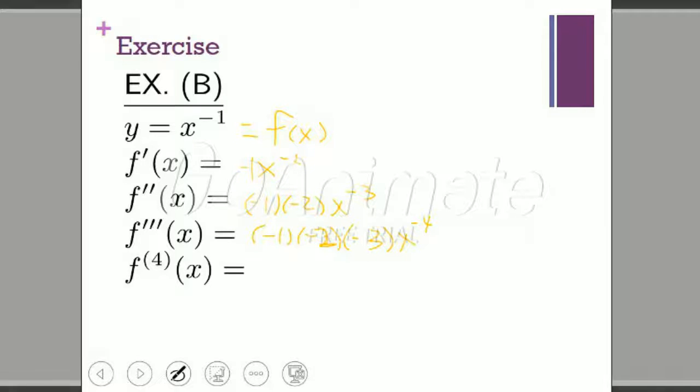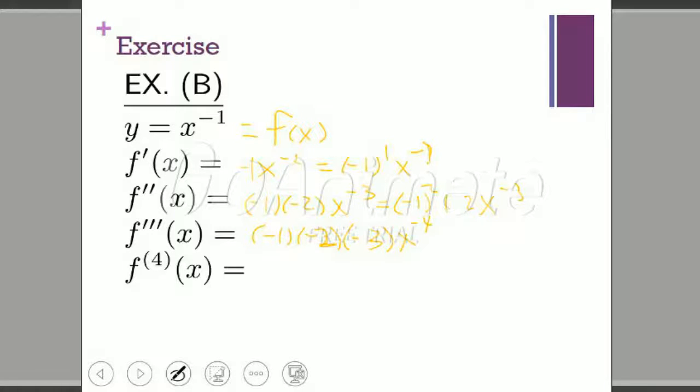You can see a pattern. Here there's minus 1 to the power 1, x to the power minus 2. Here it's going to be minus 1 squared, times 1 times 2, x to the power minus 3.